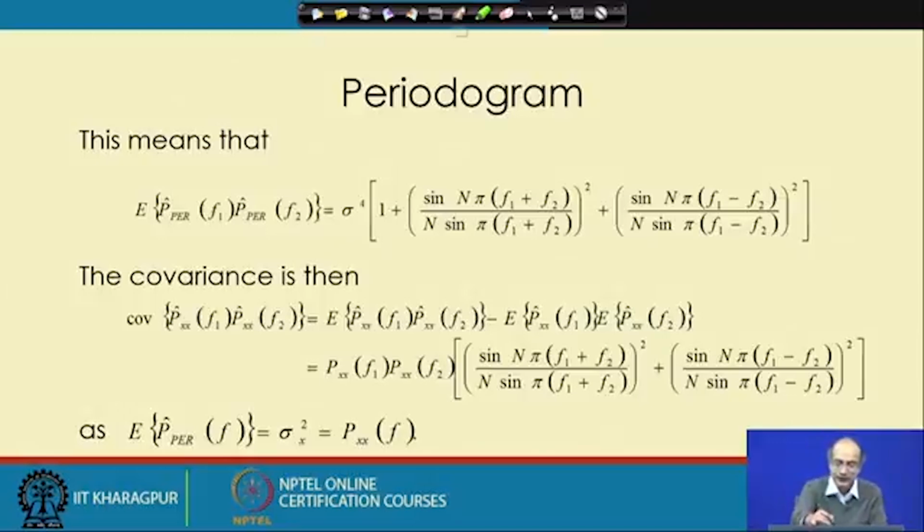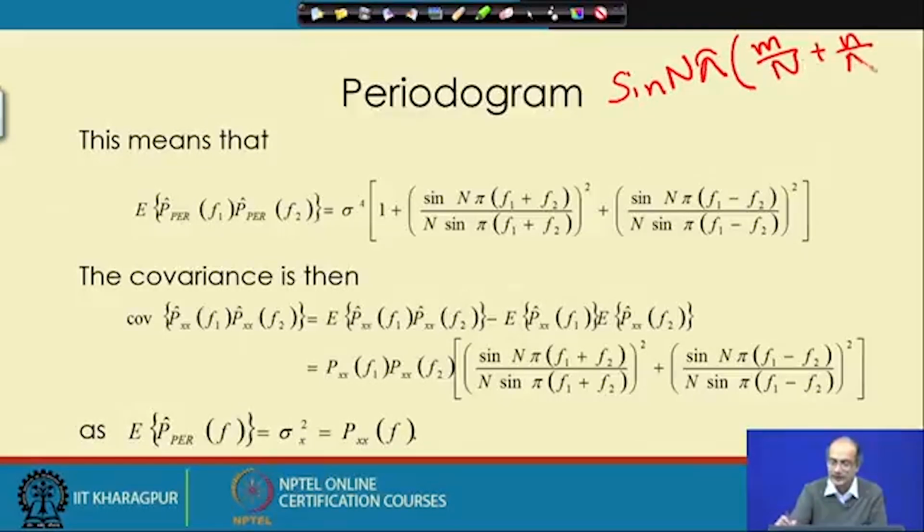In the covariance expression, we got two terms. Now here, if we replace f1, in the first term, the numerator, we are taking sine of N pi, f1 is say m by capital N, the other one is small n by capital N. So, we can write sine of pi into (m plus n).